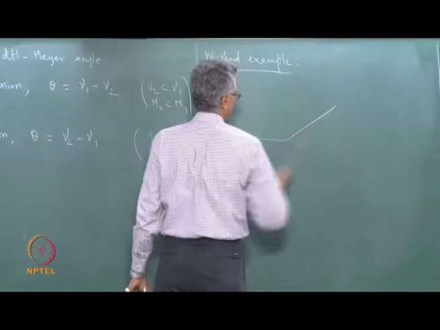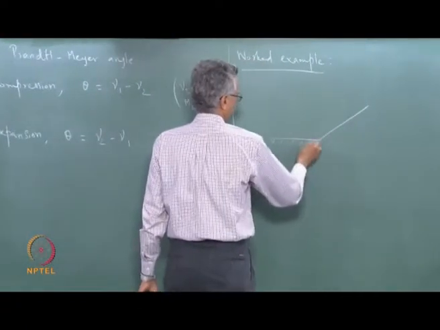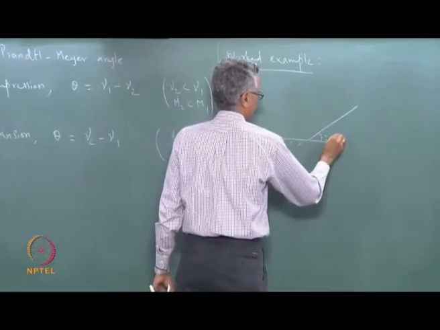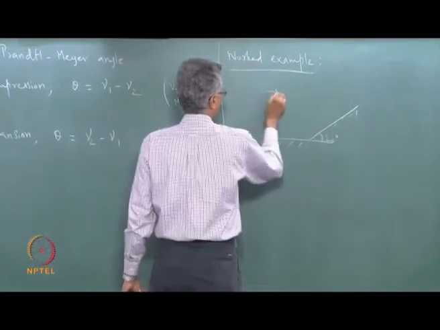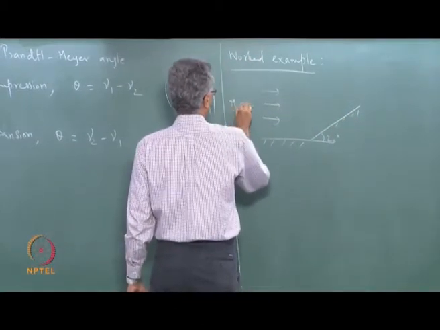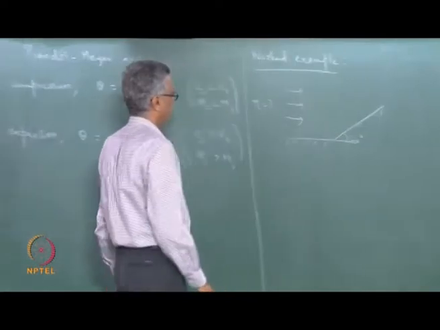So we have a compression corner like this. This is 20 degrees. M1 is equal to 3.